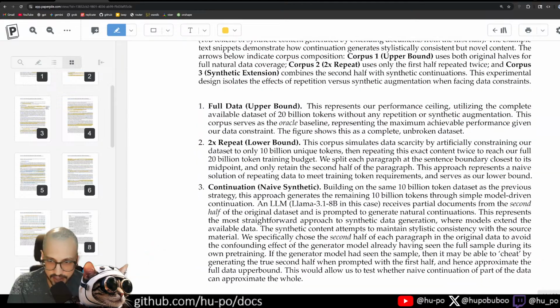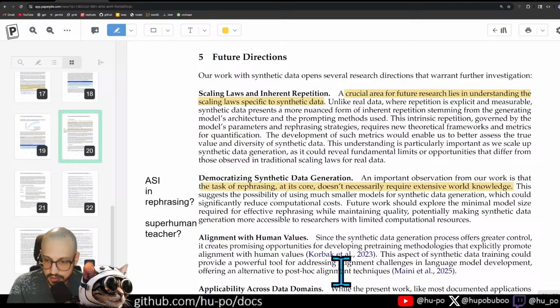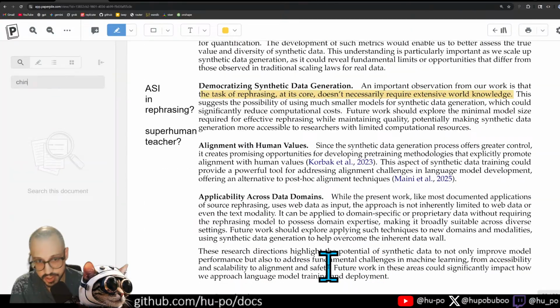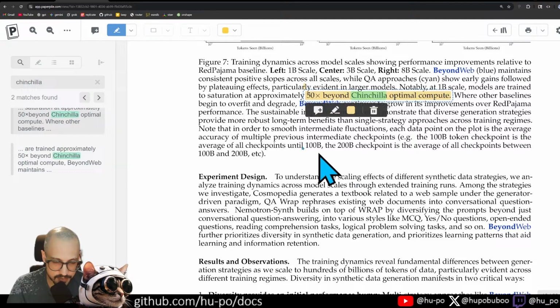I think let's go to the actual conclusion here. Let's Control F Chinchilla. Yeah, here we go. 50x beyond Chinchilla optimal compute, right? I've been saying this for a while now, but to me the Chinchilla scaling law is basically bullshit.